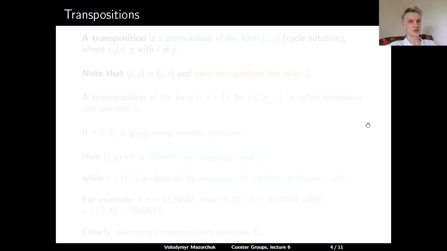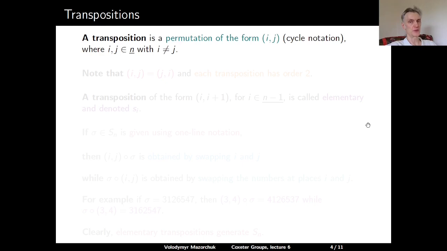Next, let us talk about transpositions. A transposition is a permutation of the form (i j) in the cycle notation, where i and j are two different elements of n underlined. So our permutation just swaps two different elements i and j. Let us note that (i j) is equal to (j i), and each transposition is an element of order 2.